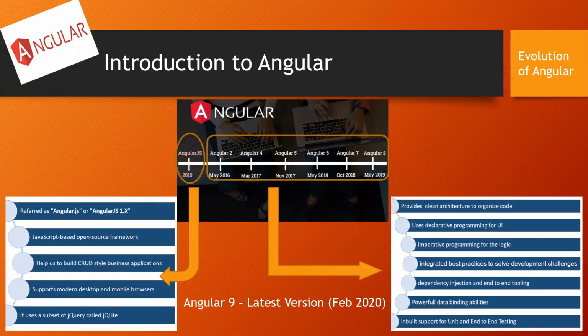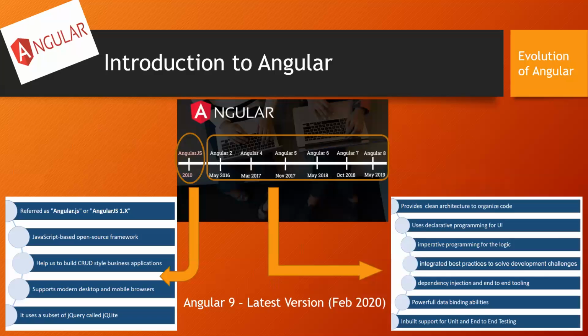AngularJS, or AngularJS 1, was a JavaScript based open source framework. It was used to build CRUD applications. By CRUD we mean create, read, update, and delete. This still supports modern desktop and mobile browsers, and it uses a subset of jQuery called jqLite.